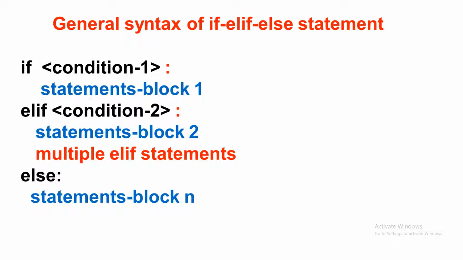Something you have to remember is that no parenthesis is needed in Python after the if, elif and else keywords. In addition, Python does not make use of curly brackets to define the start and the end of the if statement. But Python uses indentation, that is white spaces, to define a block of code that will be executed if the condition evaluates to true.